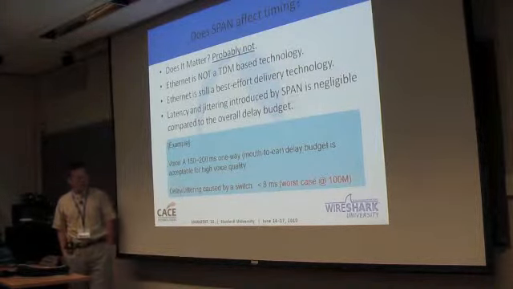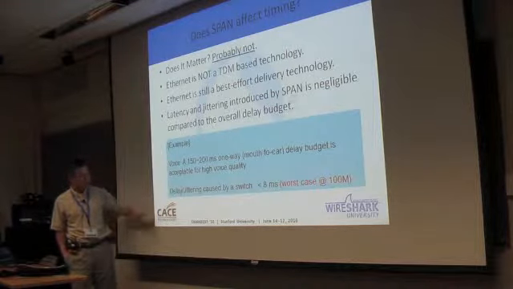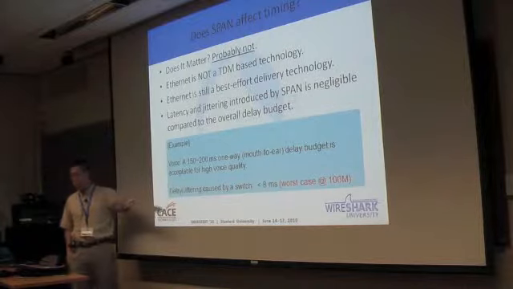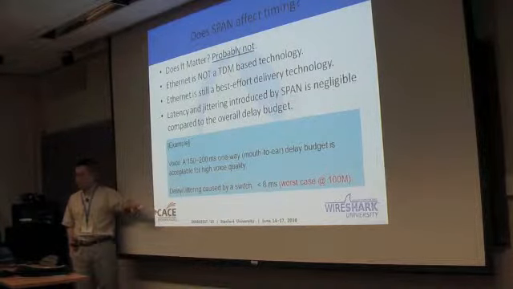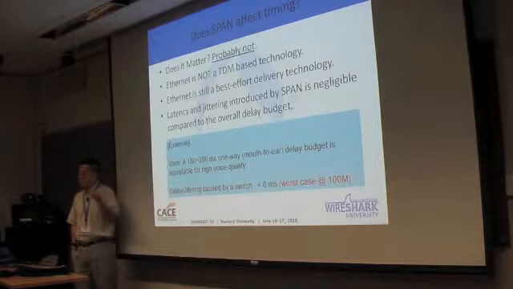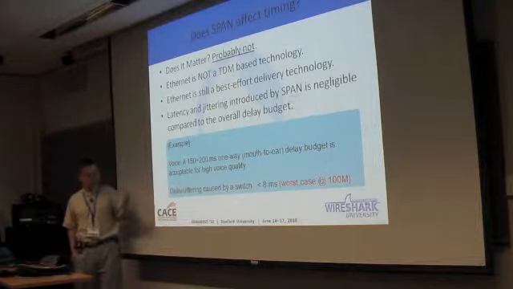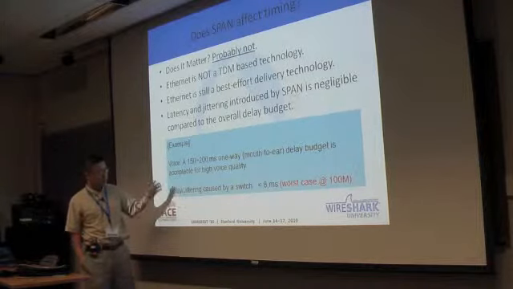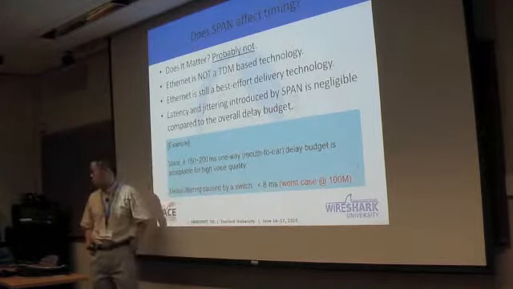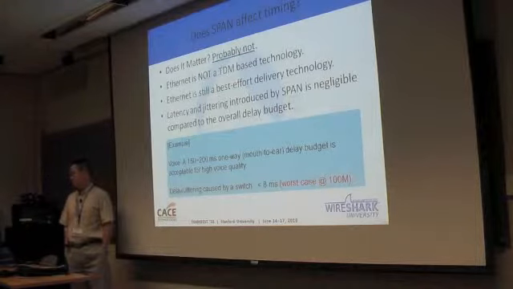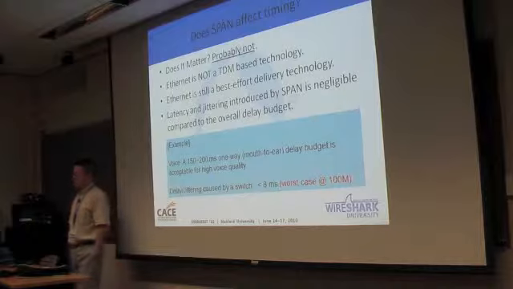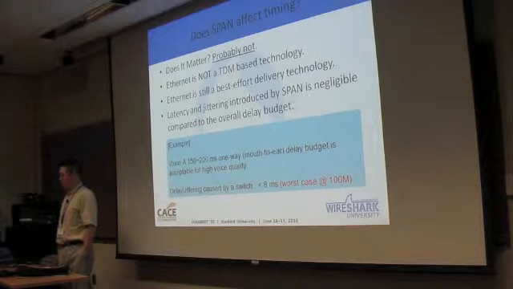And then I also looked at the delay and jitter caused by a switch. If you just grab a data sheet of a typical Ethernet switch, here I did a calculation. The delay and the jitter in the worst case is less than 8 milliseconds. This assumes a packet buffer inside the switch of 100 kilobytes.